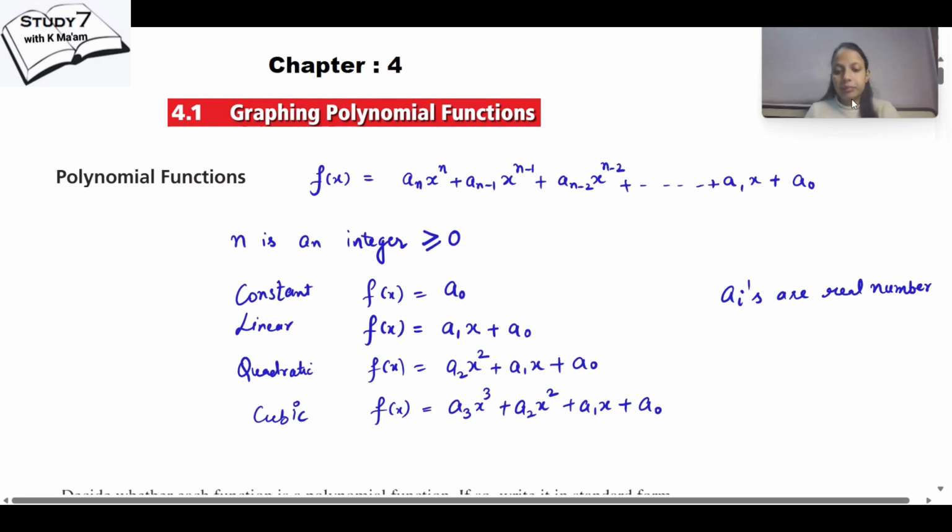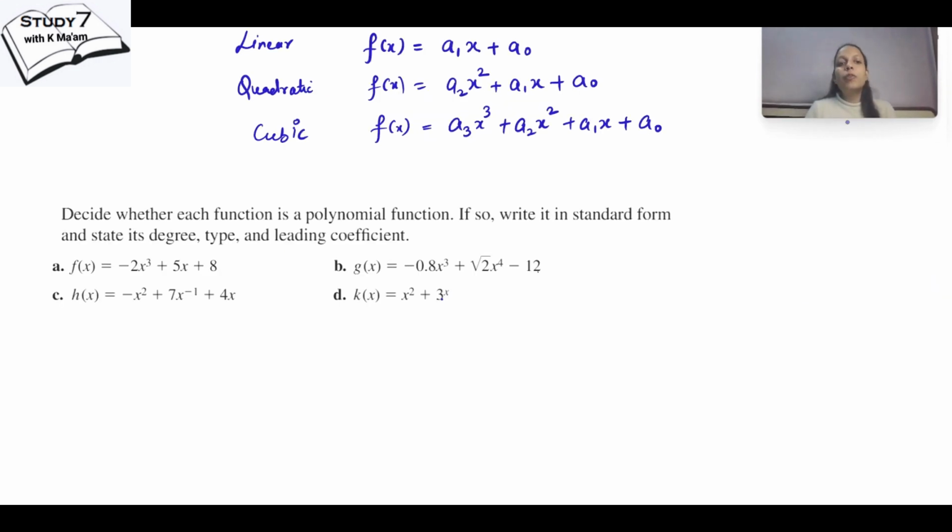Next, here we have to decide whether each function is a polynomial function or not. If it is a polynomial, write it in standard form. Standard form means you are writing the degrees in decreasing order. First will be the highest degree term, then lower, then go down, down to the least one. And then state its degree.